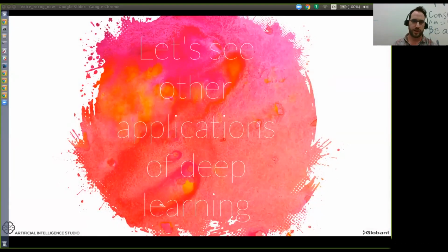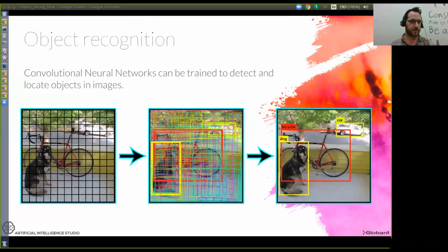So quickly, other applications of deep learning that you will be able to find also in this kind of services. Object recognition: recognizing objects in an image, and this is pretty fast right now. You don't need that much computational power to perform this type of task.